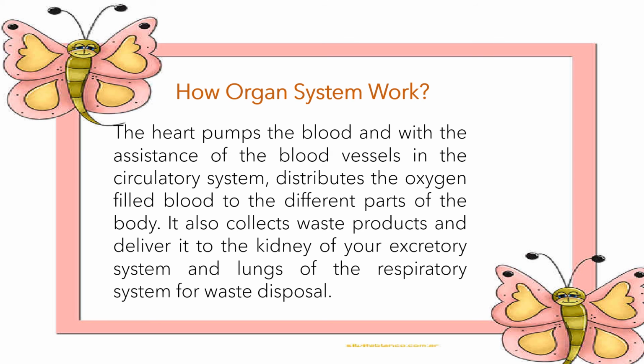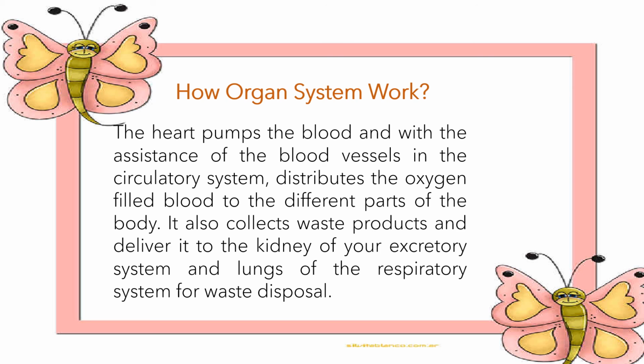So the heart pumps the blood, and with the assistance of the blood vessels in the circulatory system, this distributes the oxygen-filled blood to the different parts of the body. It also collects waste products and delivers them to the kidney for your excretory system. Once it is delivered there, it is your excretory system which is responsible for the waste removal.